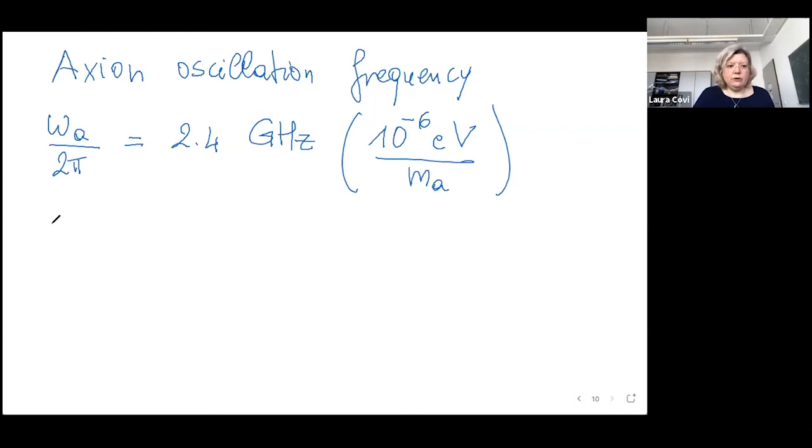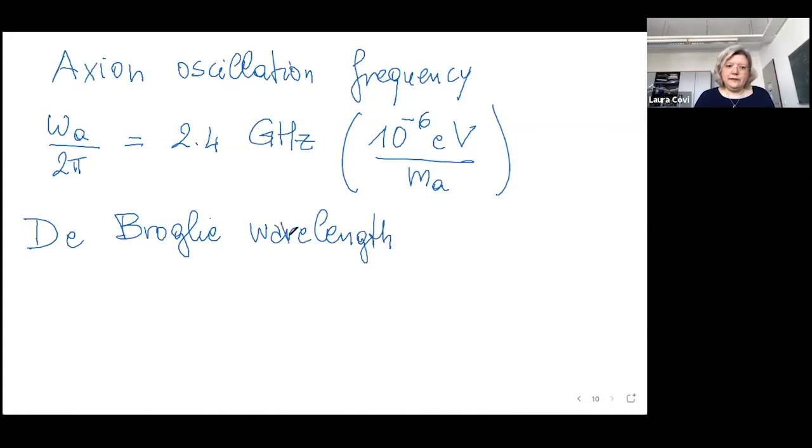The other thing I want to also compute approximately is the de Broglie wavelength. And for the de Broglie wavelength, of course, you know the expression. You have h divided by the momentum, or in this case it is a non-relativistic particle, so I write the mass times some velocity.